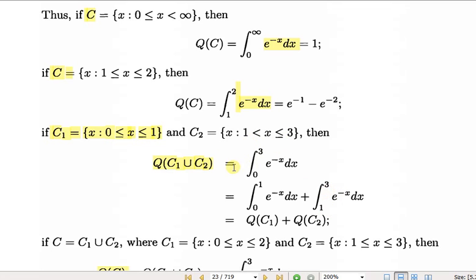So for the union of C1 and C2, we get this integral of e exponent minus x dx with the border from 0 to 3.